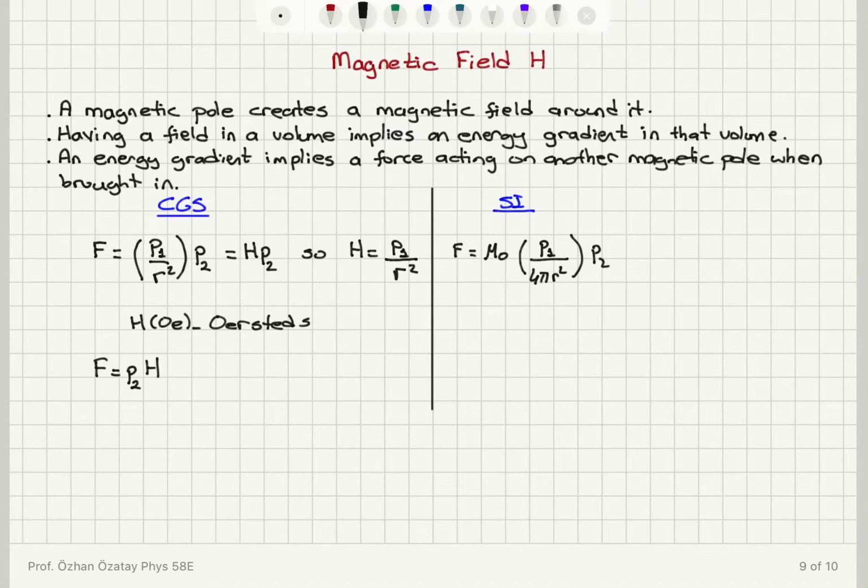So here we're going to call P1 divided by 4 pi R squared the magnetic field created by P1.